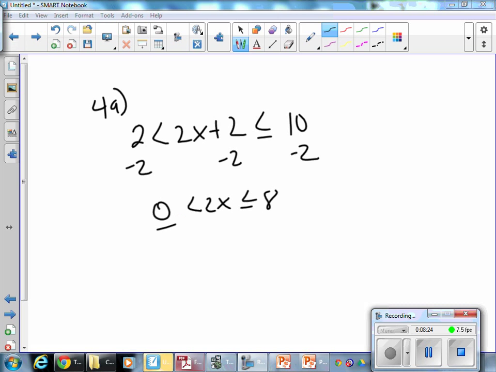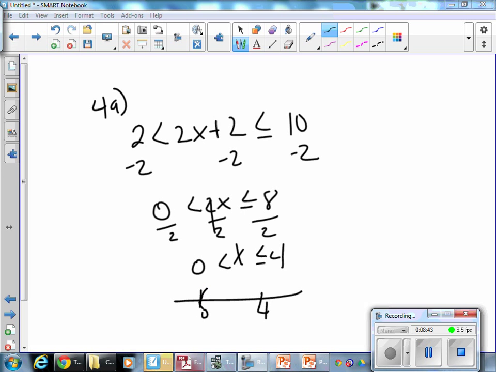Divide everything by 2. 0 divided by 2 is 0, is less than, this cancels, x is less than or equal to 4. So x is between 0 and 4. So on a number line, you'd want 0 and you'd want 4. At 0, I'd want a parenthesis. And at 4, I would want a bracket because it's less than or equal to, and I'd want to shade in between these two numbers.